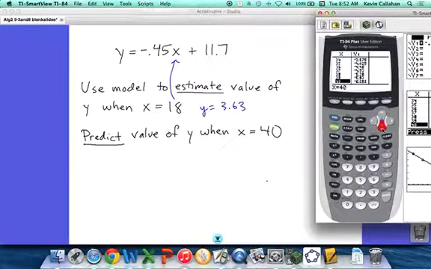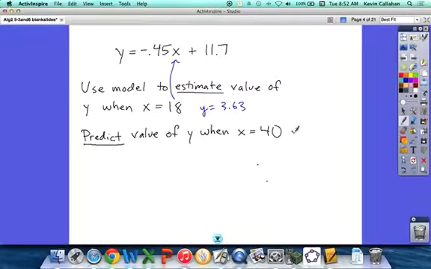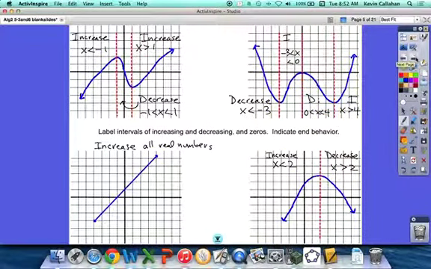Negative 6.28. That's the last step in the SOL: you can pick an appropriate model, model the data, and then make a prediction using your model. That's what that's about.